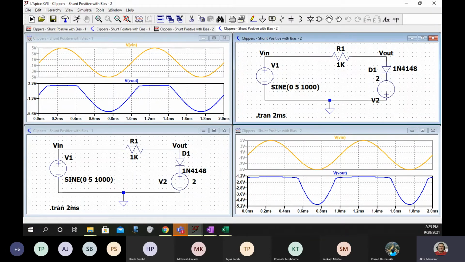So take some 10 more minutes and draw this shunt positive clipper with bias. Any doubts you ask?